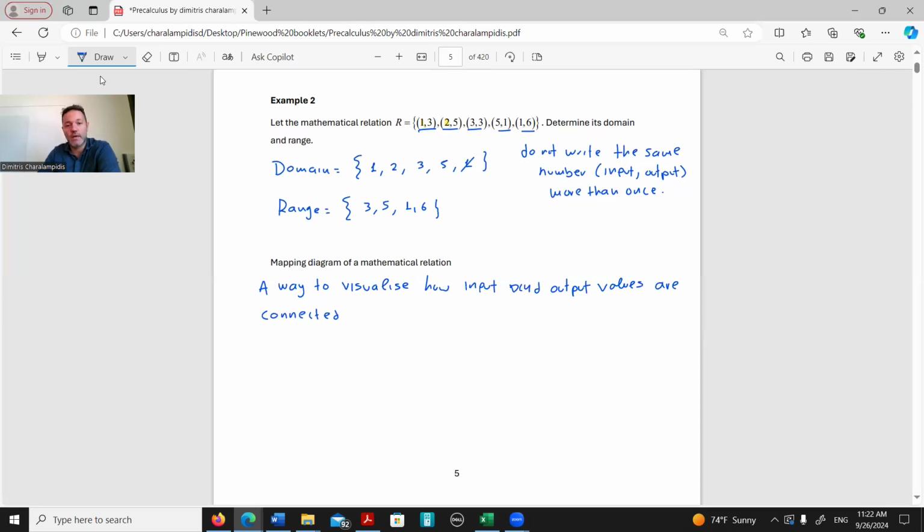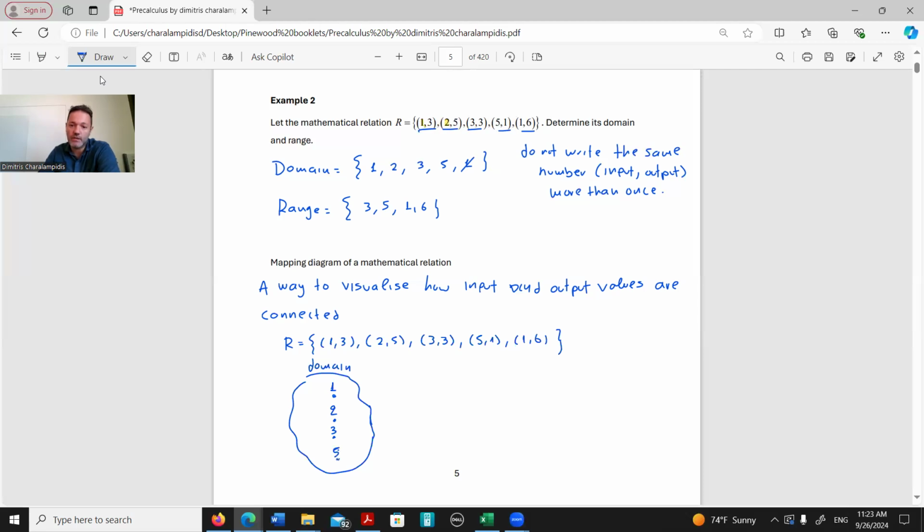In order to do that, assuming that we have the relation from above, (1, 3), (2, 5), (3, 3), (5, 1), and (1, 6), I should create a set which will be the domain. And like we said, in here, we should put all input values without any repetitions. So 1, 2, 3, and 5.